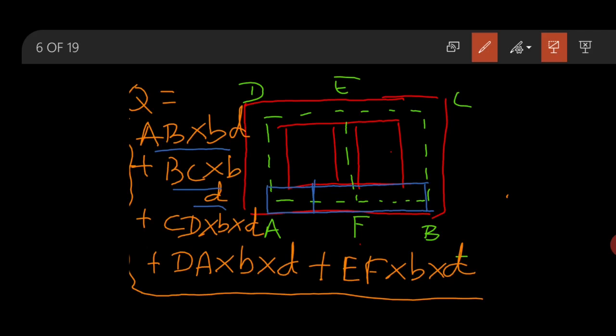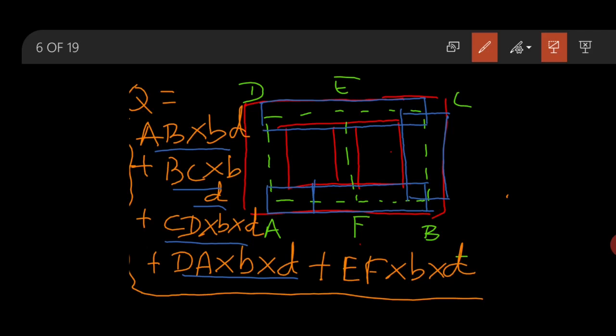Similarly, the second one is BC into B into D, which will cover this portion. The third one is CD into B into D, which will cover this much of portion.